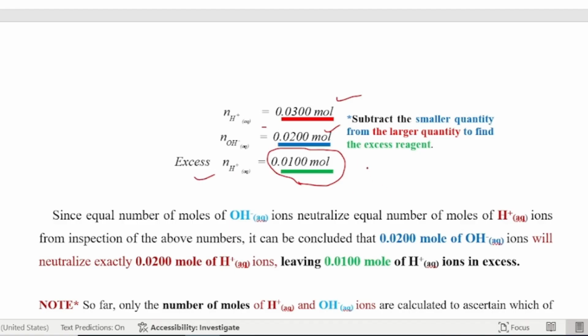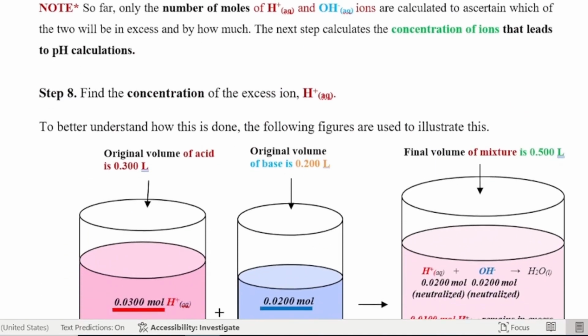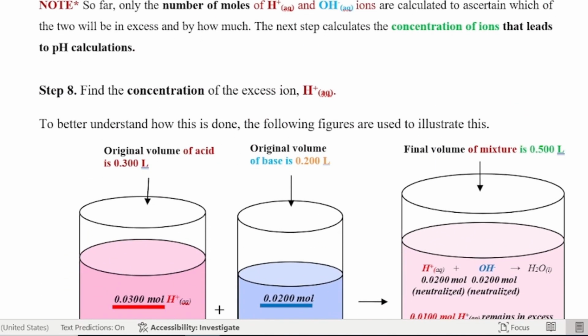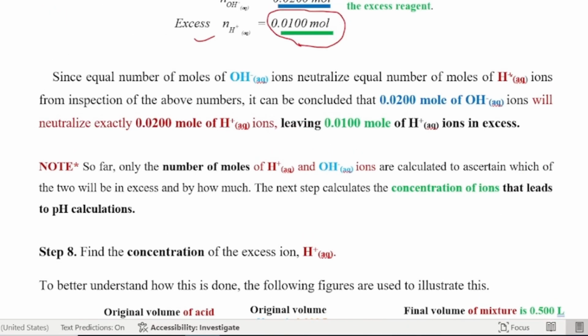Two important points to note here. There's a change in volume and there's a change in concentration of the acid. So far, we've only been talking about the number of moles that came in, the number of moles that have been neutralized, and the number of moles that are left in excess.